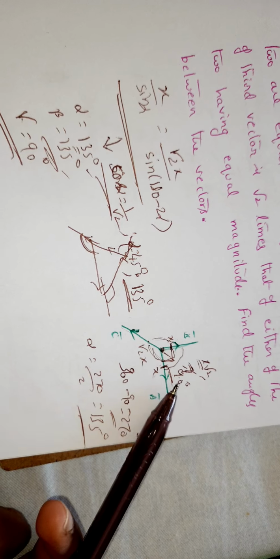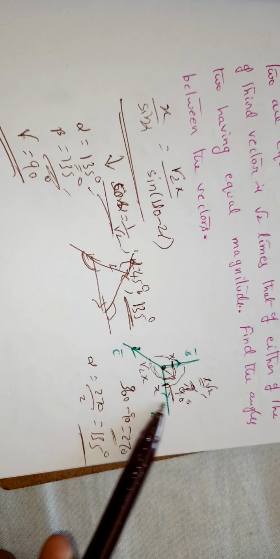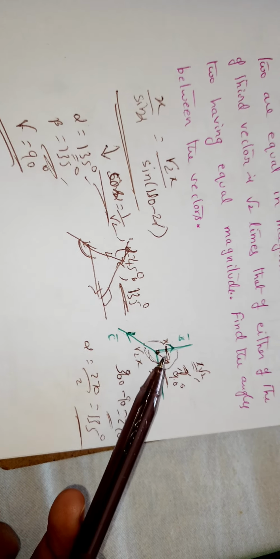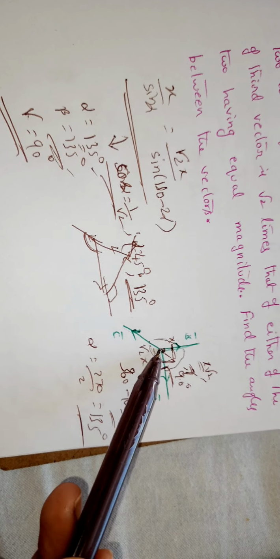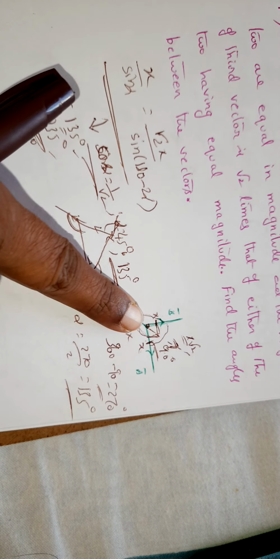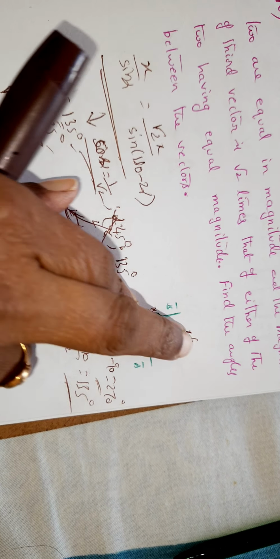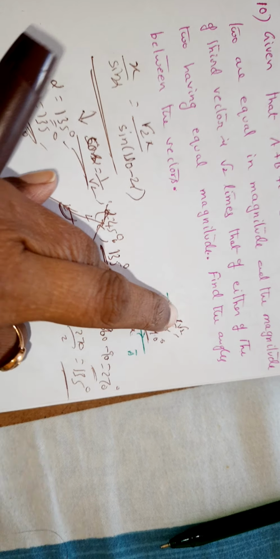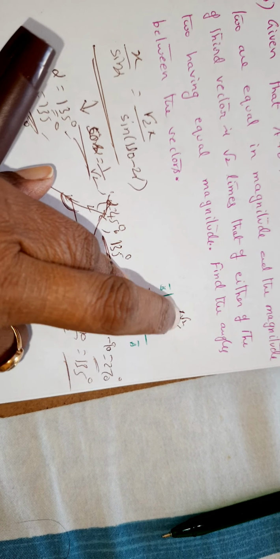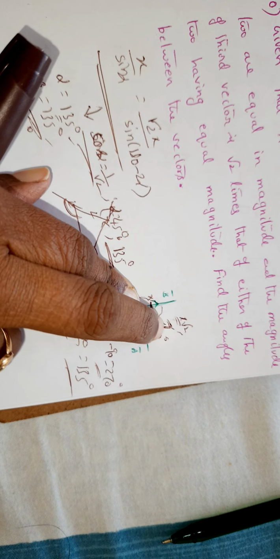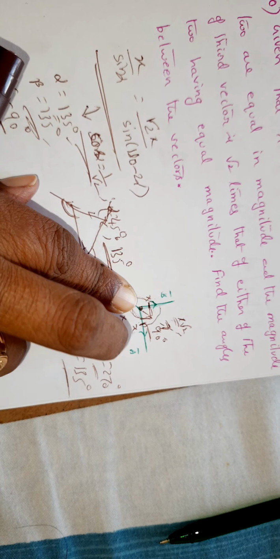If you can really evaluate or assess what is happening here, if you understand the concept of equilibrium, if you forget about this one, these two vectors will definitely lead to a resultant in this direction. And if the resultant is x root 2, absolutely the angle between them should be 90 degrees because the two are of magnitude x each.